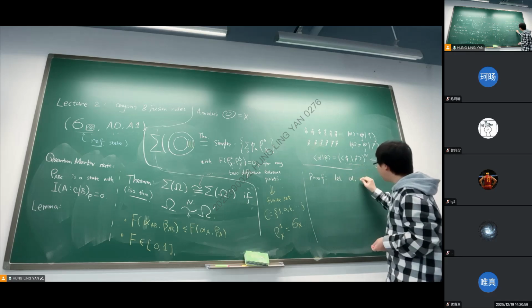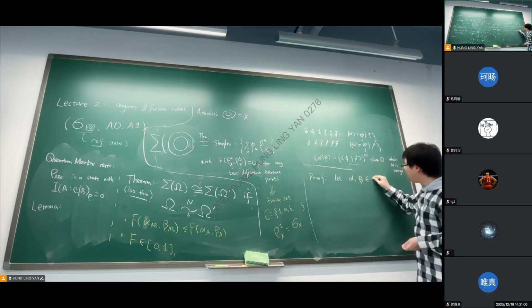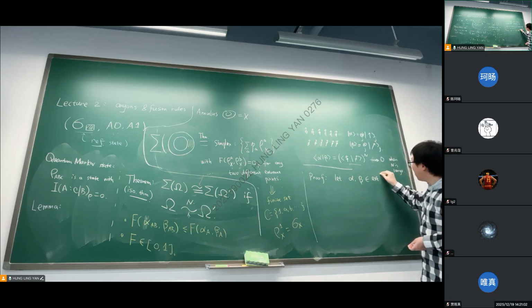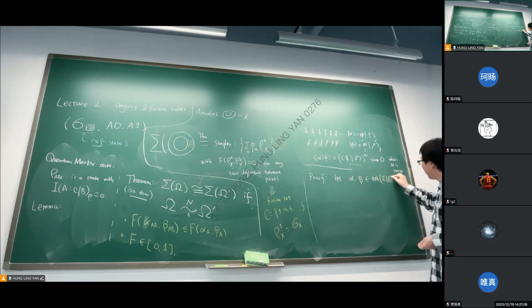Alpha and beta belong to the set of extreme points of the information convex set of the annulus.